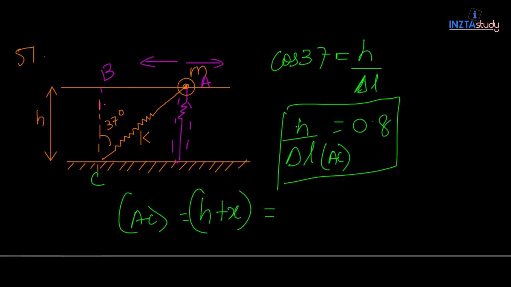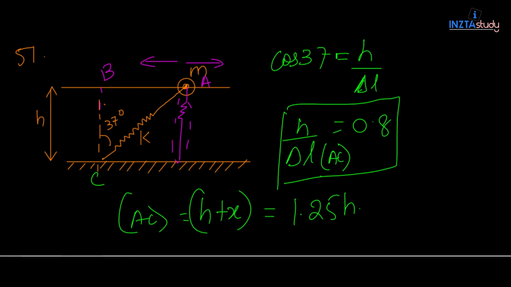So h by AC is 0.8. 1 divided by 0.8 would be 1.25, so AC would be 1.25 times h.